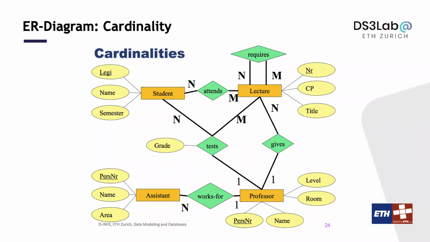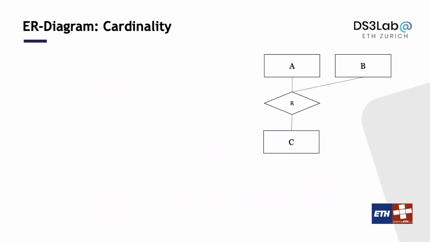I cannot have 2 professors teaching the same lecture in this model. And also one professor can teach multiple courses, and there's no constraint on that in this model, right? You can try to read it by yourself, and that should be pretty natural. Okay, so this is just one notation that you can use to express cardinality.